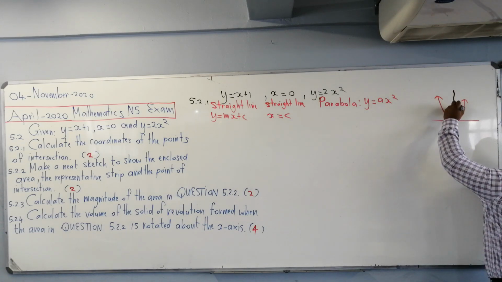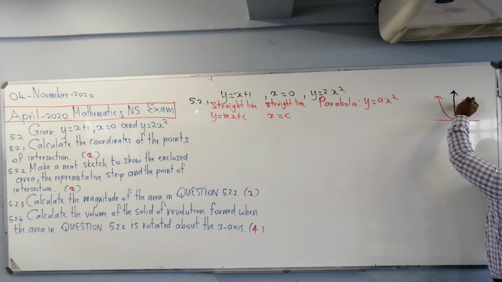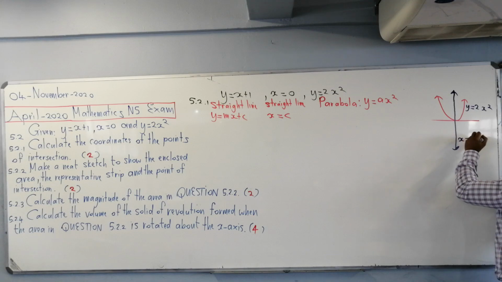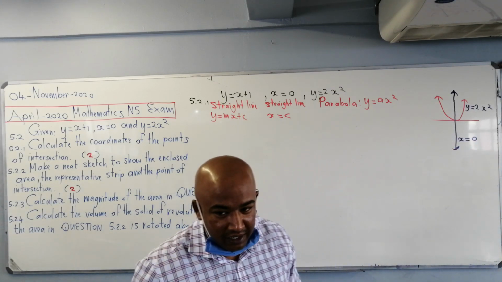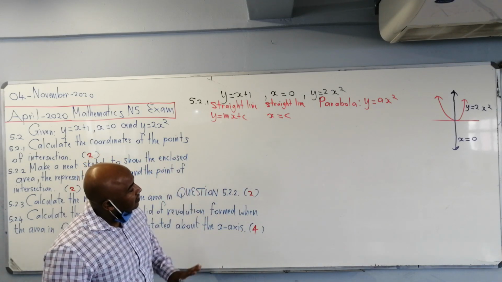So there's your x equal to 0. It's a vertical line. So this is y is equal to 2x squared. This is x is equal to 0. You should have an idea of the picture before you work out anything. We are going to sketch it properly here just now.